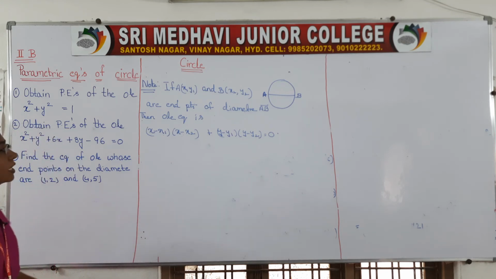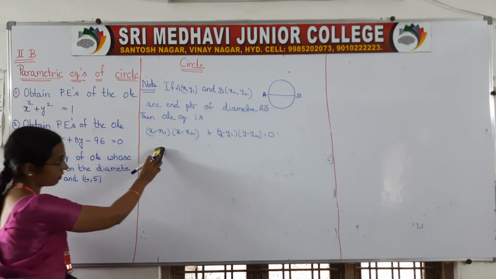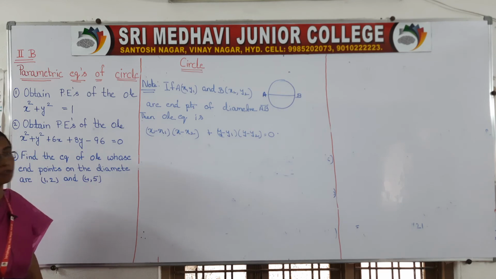When two end points are given to write the circle equation, we have to use this formula.